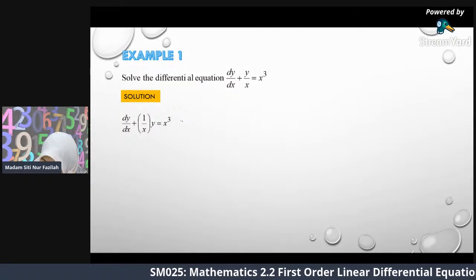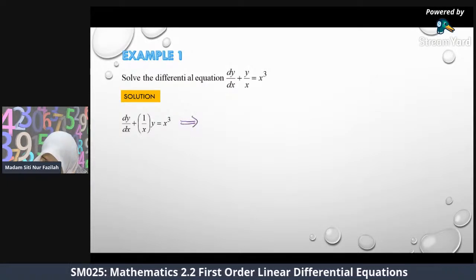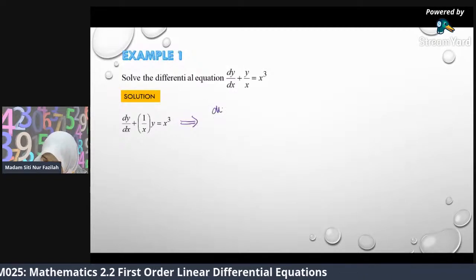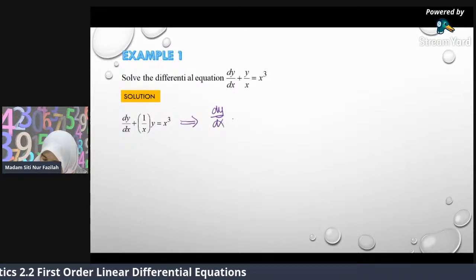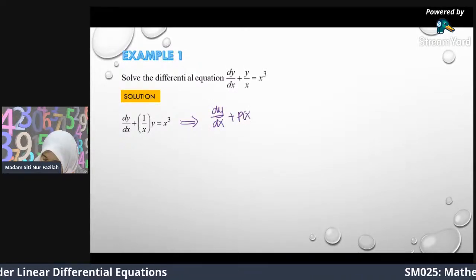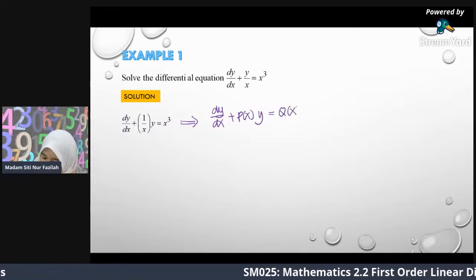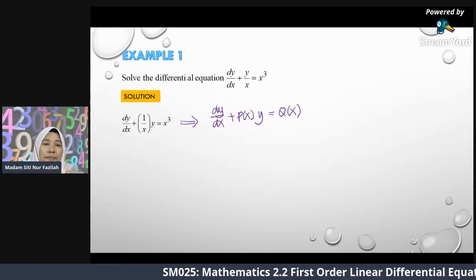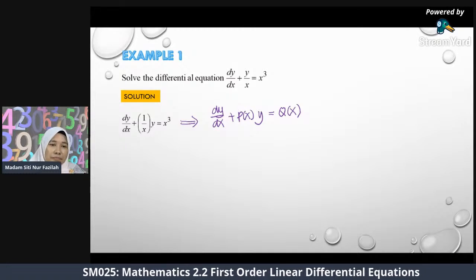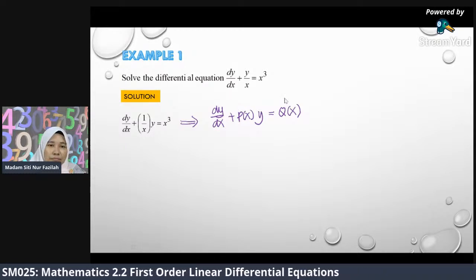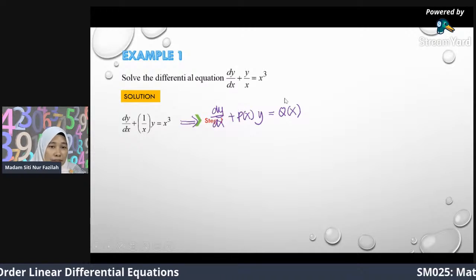We know that the standard form is dy over dx plus function P(x) y equal to function Q(x). This is step 1.